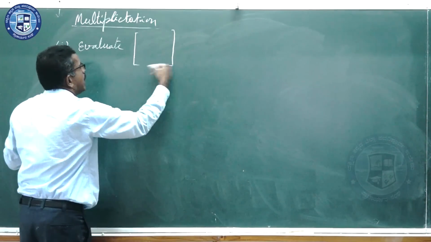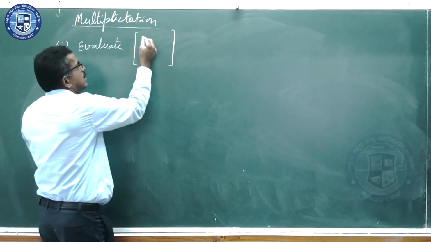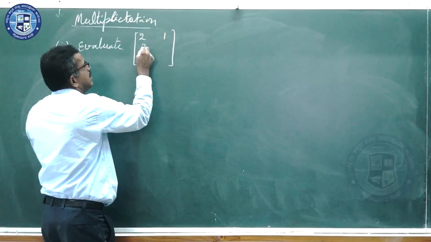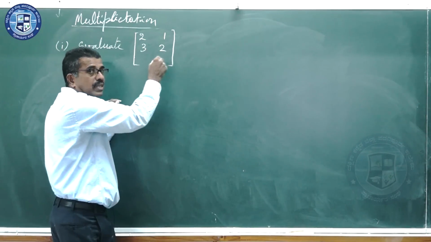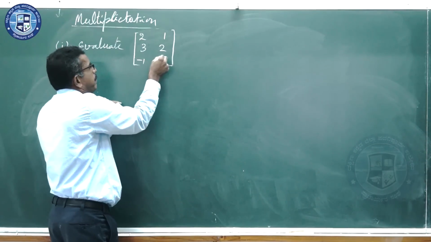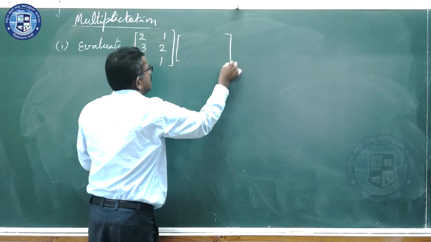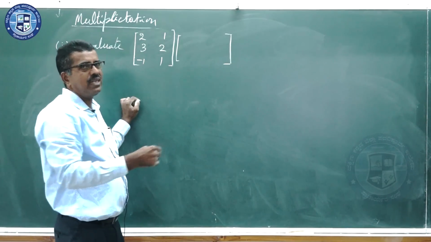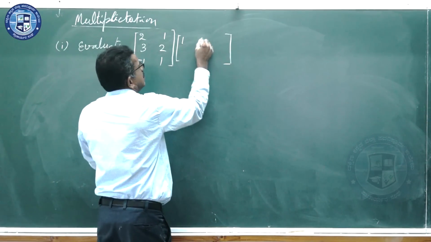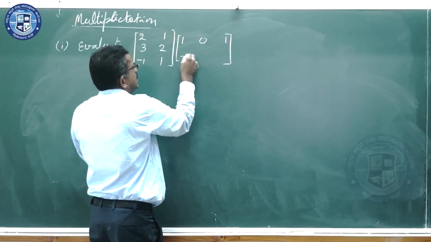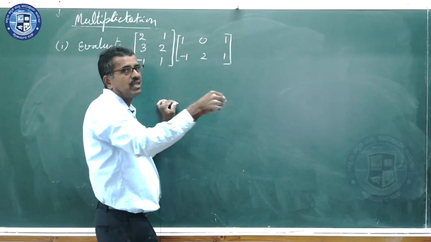Three rows and 2 columns. Let me take 2, 1, 3, 2, and the third row let it be minus 1, 1. Second matrix of order 2 cross 3, let me take 1, 0, 1, minus 1, 2, 1.